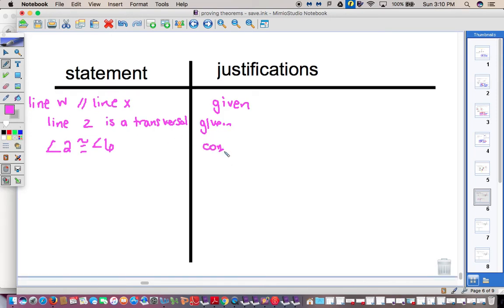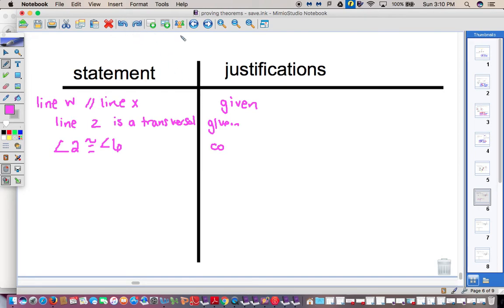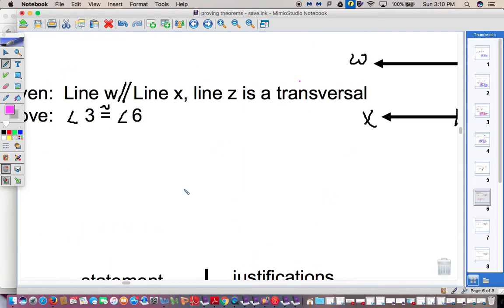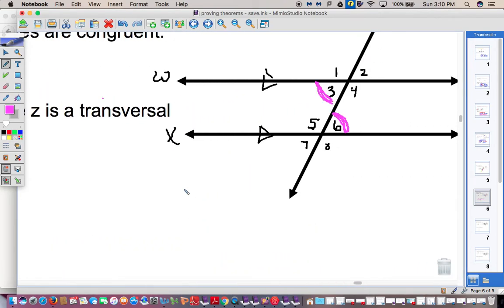So by the corresponding angles postulate, we know that angle 2 is congruent to angle 6 because they're in corresponding locations. Okay, so we know that angle 2 is congruent to angle 6, that's where we are so far in our proof.